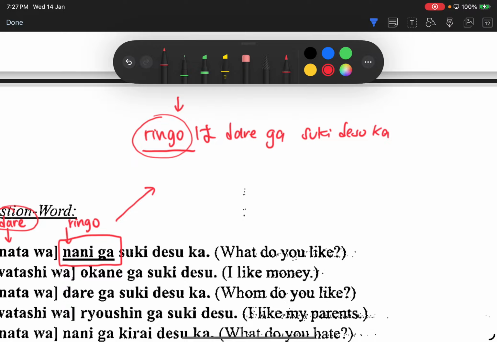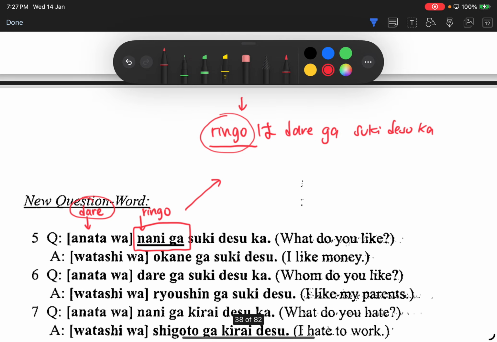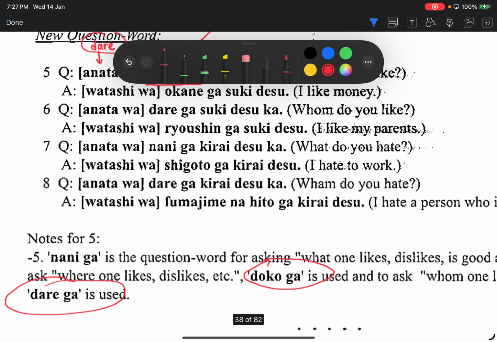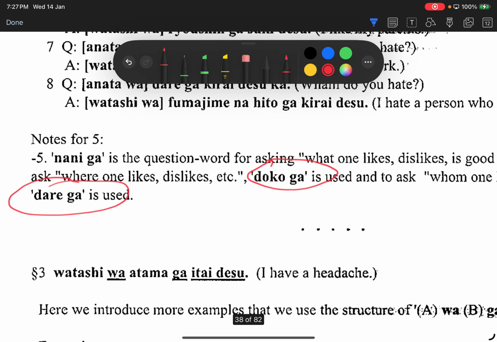Alright? In this question, I'm not saying apple like who. Rather, about apple, who like. Right? So the correct way to ask who likes apple will be Ringo wa dare ga suki desu ka? Okay, then we move on to the next one.